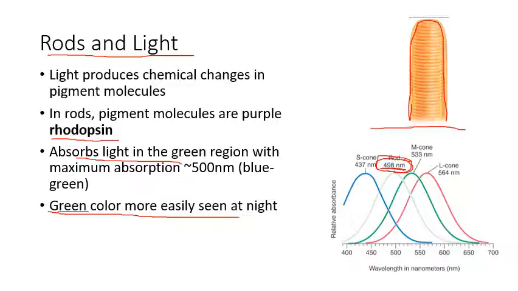Okay, but what you see with rods is, even though they are more sensitive to light, we lose acuity. So when it starts getting dusk out, how does it feel? Does it feel like you have really crisp vision, or does it feel kind of fuzzy? It feels kind of fuzzy because you lose acuity when you need to use the rods, but these allow you to see with that dim light.